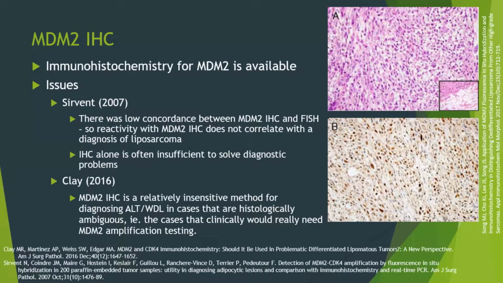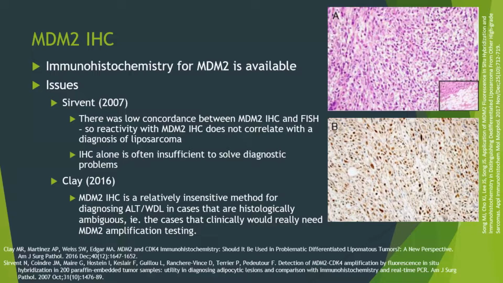IHC for MDM2 is actually available. However, several studies have found issues with MDM2 IHCs. Typically, when new IHCs are being tested, they're tested on histologically unambiguous or clear-cut cases, which can show that they work well.